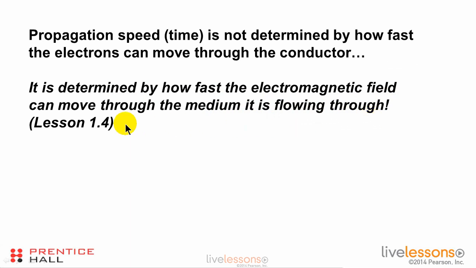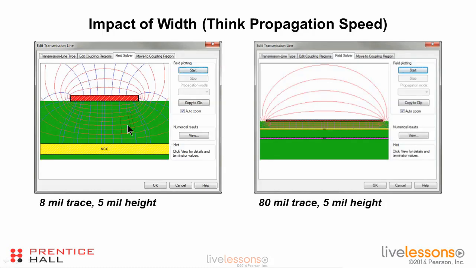And remember back to the illustration in lesson 1.4, where we showed the impact of width. Here we have an 8 mil wide trace. Here we had an 80 mil wide trace. In the 80 mil wide trace situation, a lot more of the electromagnetic field is captured in the dielectric.